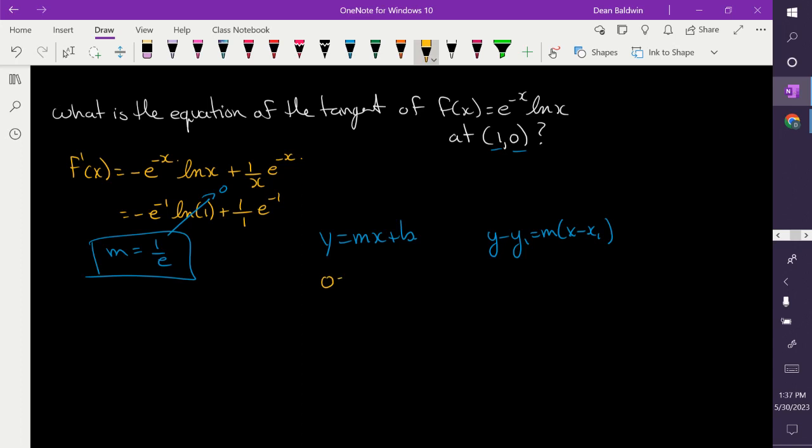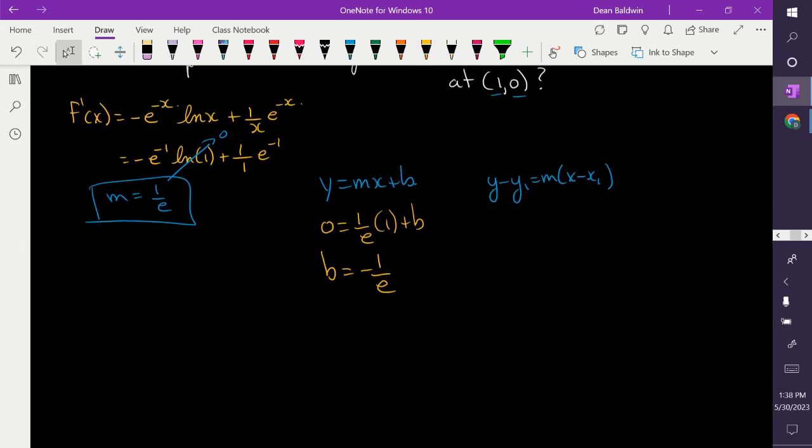So I get 0 equals m, which is 1 over e, times x, which is 1, plus b. Therefore, b is equal to negative 1 over e. So the equation is y equals 1 over e times x minus 1 over e. Beautiful.